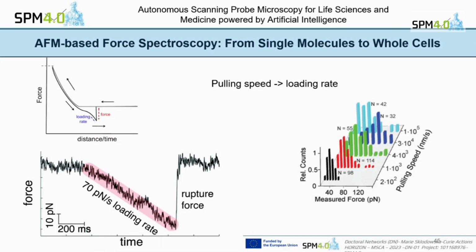So for each complex, you have to measure a set of experiments at different pulling speeds to get information about the energy landscape of the complex. The loading rate is defined in this part of the force curve, and the rupture force is the maximum force counted from the baseline.